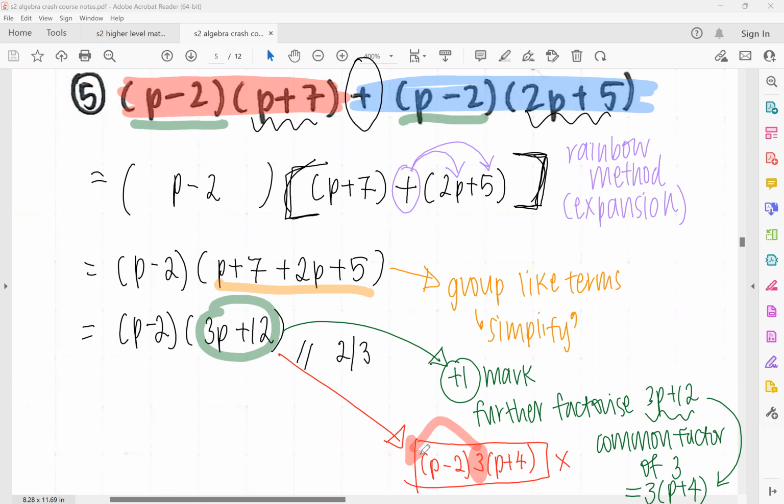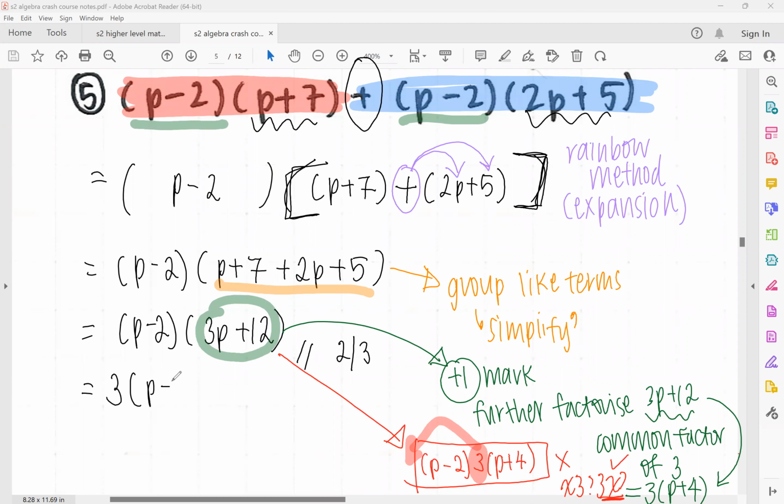Why? In algebra, do I write x3 or do I write 3x? Which one do I write? x3 or 3x? We write 3x. That's why we put it in front. So at the end of the day, what's the correct answer? Everybody, you all should know already. I should write as 3 bracket.